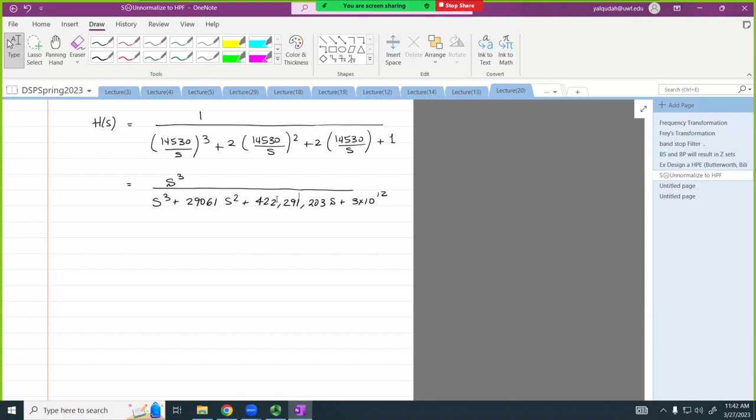Now we need to apply bilinear transformation. So the next step is to apply bilinear transformation.